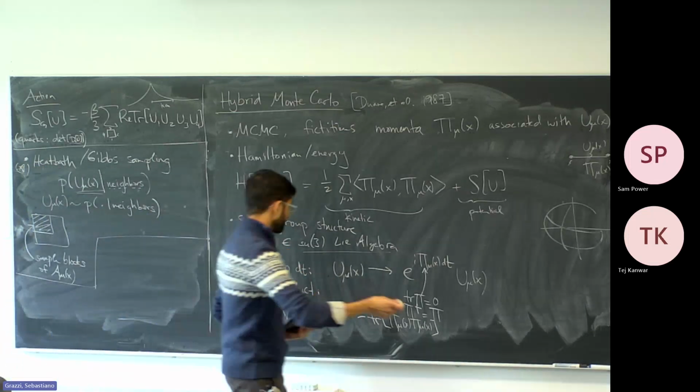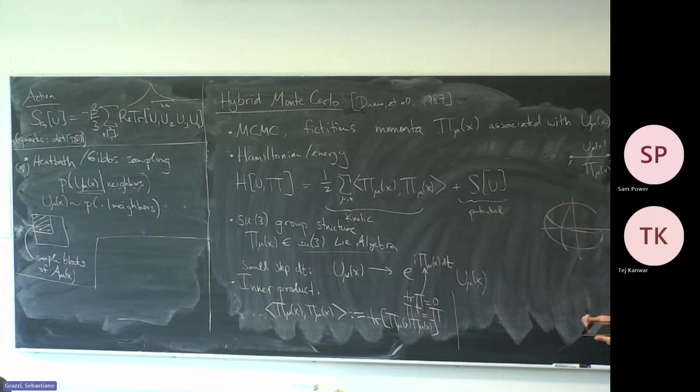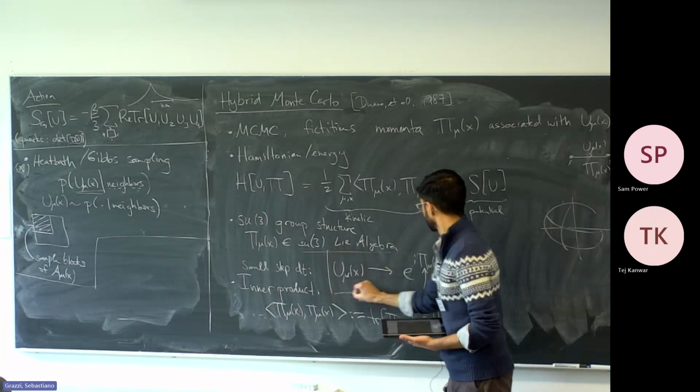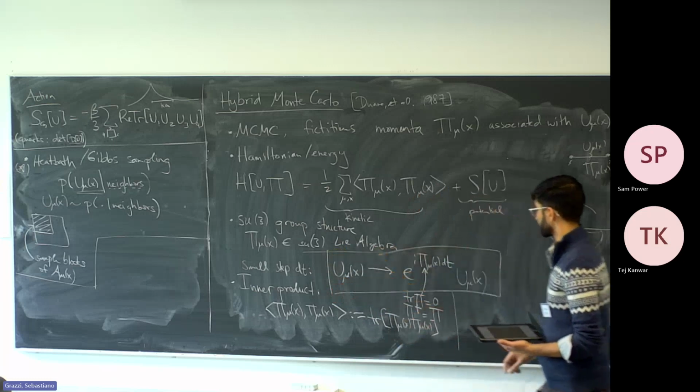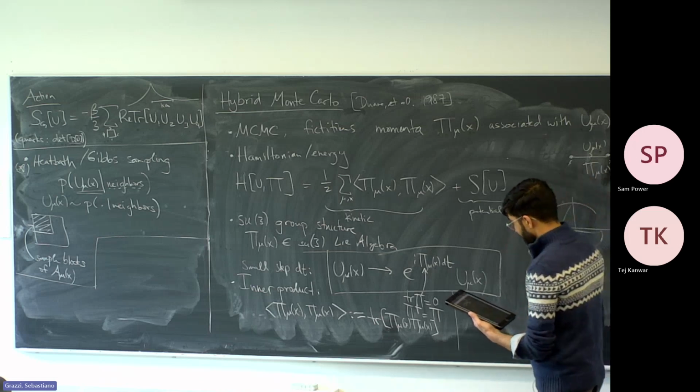Okay, so that's what this inner product means. And then the question is, having defined what a small step of u looks like, what does a small step in time, in fictitious evolution time, of the momentum look like?